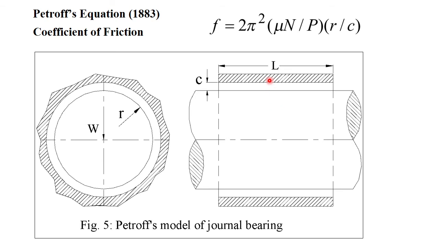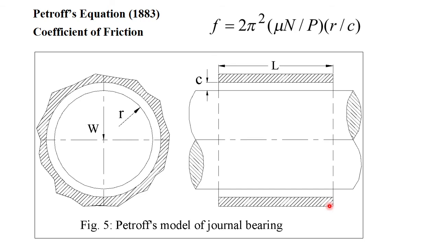So this journal and the bearing are perfectly concentric. No eccentricity is here. And in such a case, this is how we can measure the friction coefficient at a given temperature when a particular load is acting on this shaft. You know about Petrov's equation, Petrov's model.